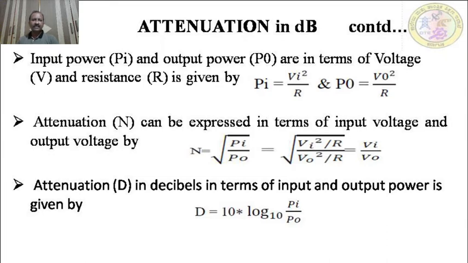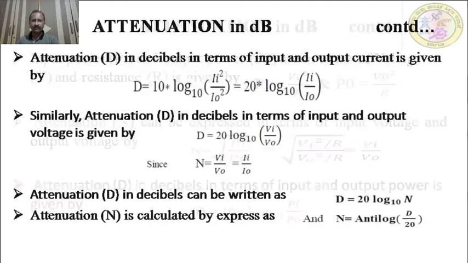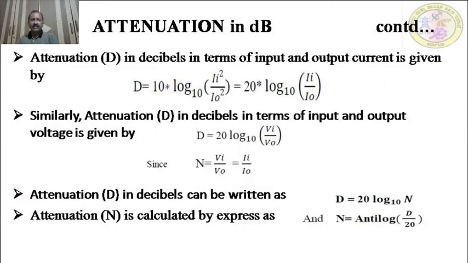By definition, attenuation in dB in terms of input power and output power is given by D is equal to 10 log base 10 Pi by P naught, where Pi is input power and P naught is output power. Now instead of power, you are going to represent attenuation in dB in terms of current.